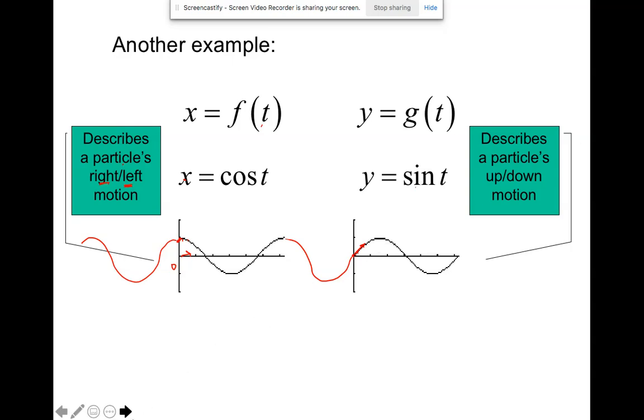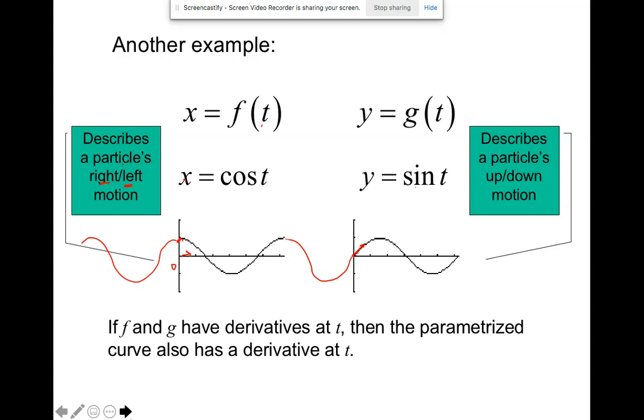What's that going to do to your particle? It's going to pull it in a circular fashion. So if you graph these together parametrized, you're not going to get the cosine curve or the sine curve. You're going to get the unit circle.